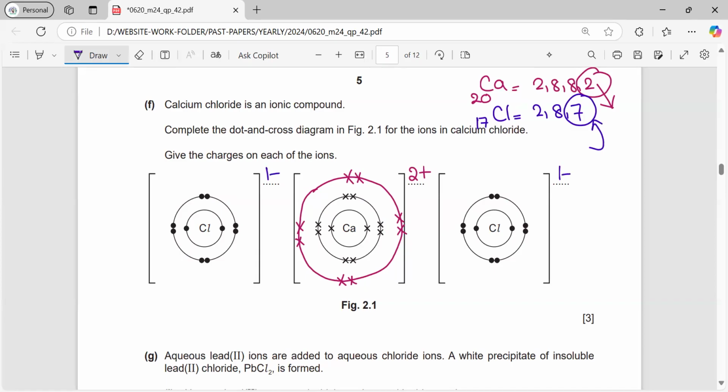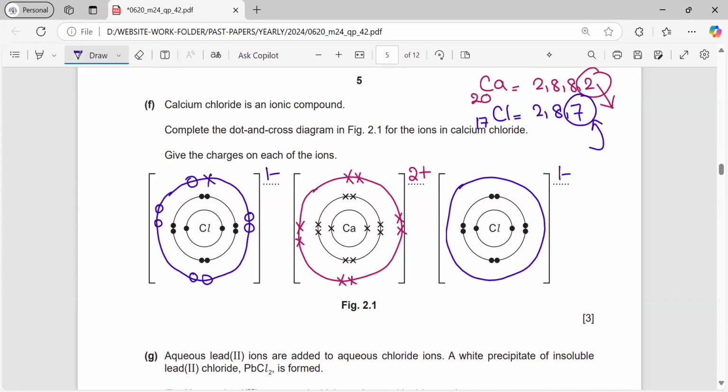Each chlorine will get -1. And in chlorine's third shell, we'll draw total 8 electrons, but 7 electrons of chlorine, indicated by a dot, and 1 cross, which is of calcium.